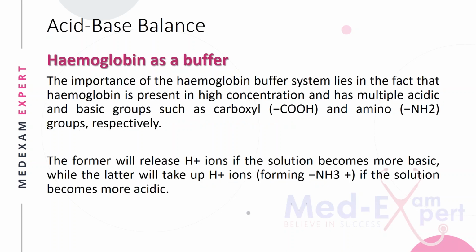Why? Because when we look at the chemical structure of the hemoglobin, we will notice that it has two groups in its chemical structure. Of course, details are not required, but just to know that we have two groups, the carboxyl group and the amino group. As we can see here, this hydrogen ion in the carboxyl group can leave this carboxyl group and go to the amino group to form NH3.